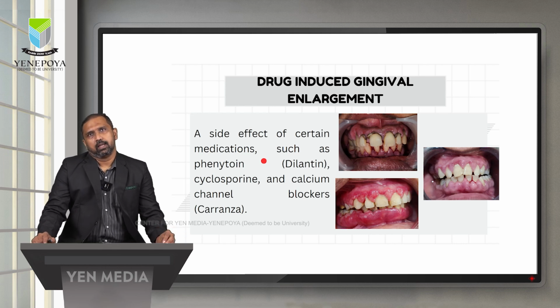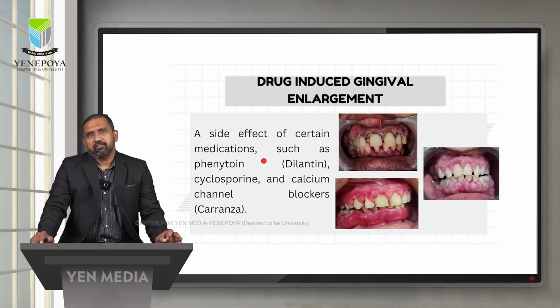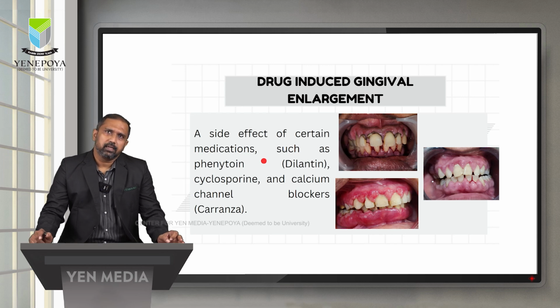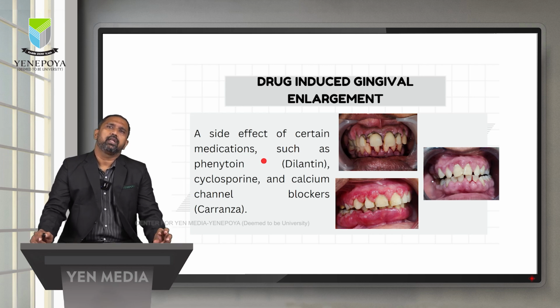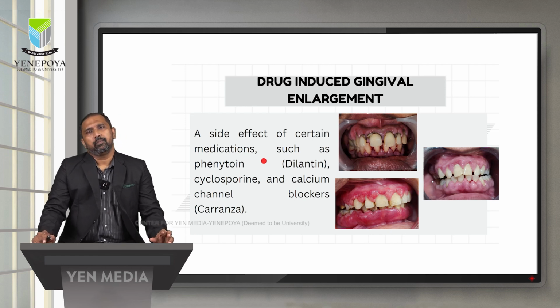Typically, this enlargement usually starts in the interdental areas, that is, in between the teeth, and eventually spreads into the other areas also. Finally, a blob-like tissue overgrowth will be there, usually pink in color, with more fibrous tissue, and they coalesce together and can form an enlargement to a larger extent.